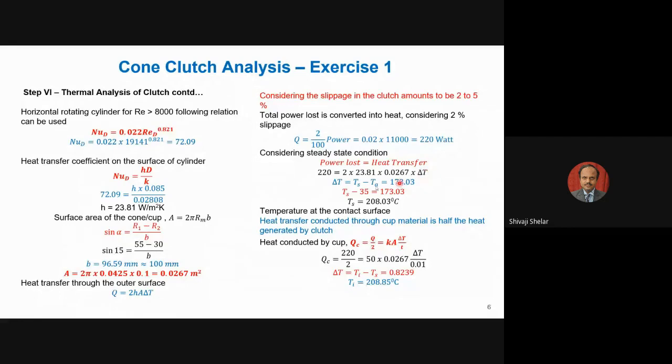So delta T is equal to Ts minus Ta, where Ts is the surface temperature and Ta is the atmospheric temperature. When you put these values in, we get delta T equal to 173.03 degrees Celsius.